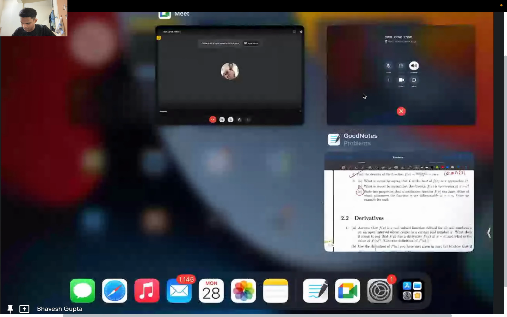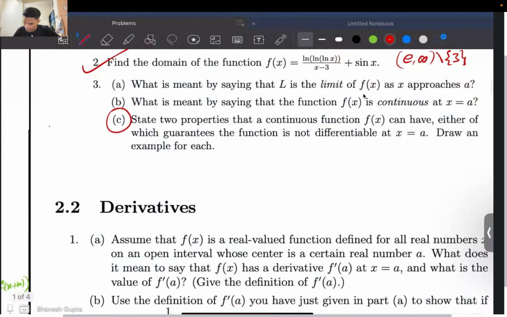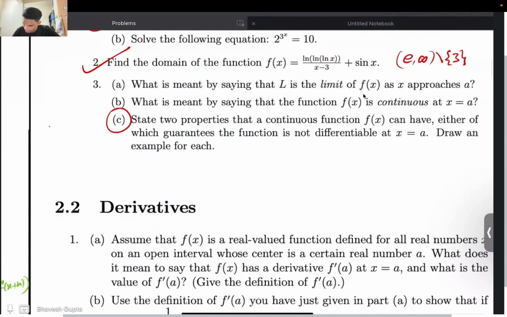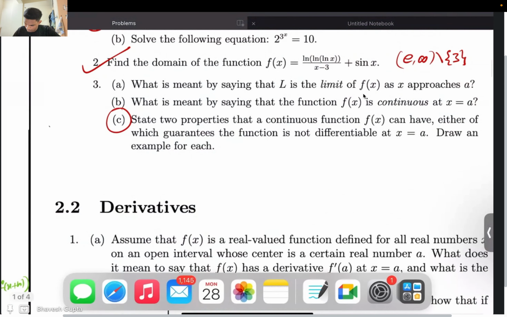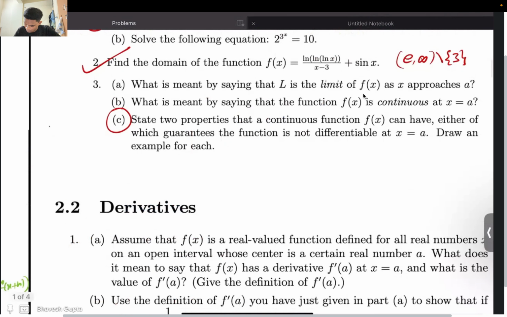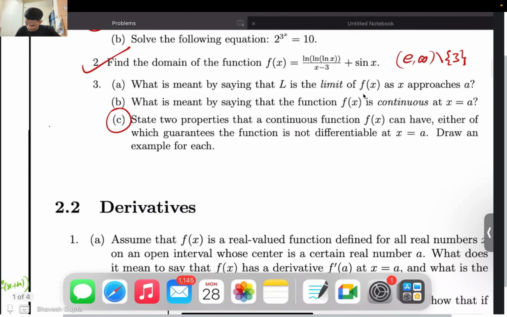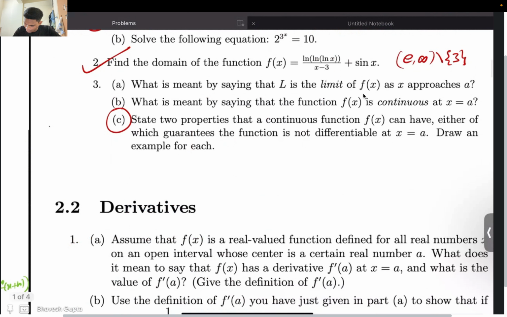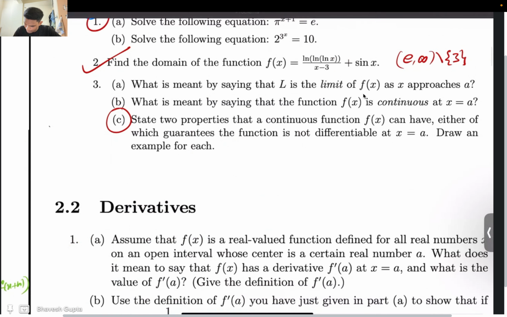It got hung. I think so. This is my 1 minute.